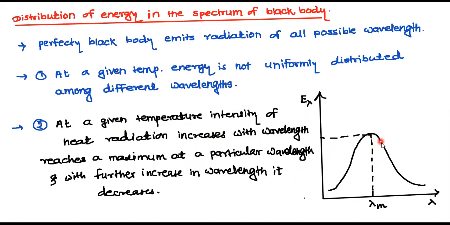And with further increase in wavelength, it starts decreasing. See in the graph, here it starts decreasing like this. Can you see this graph? Got it? What is the next point? First note down this.